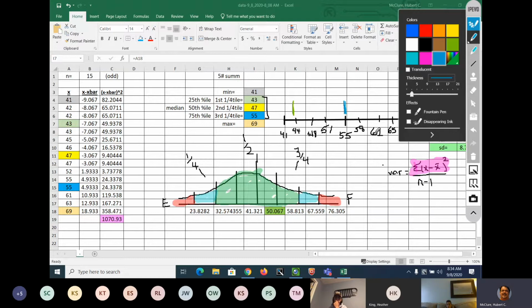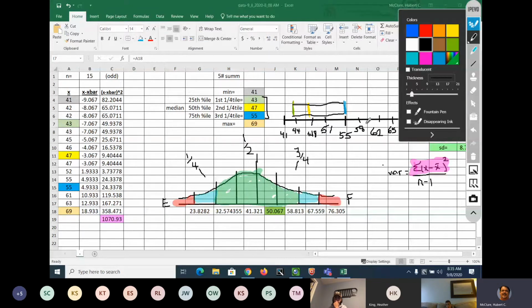And then my middle number is yellow. It's going to be 47. And there's my box for my box plot. Don't make fun of my drawing, please.